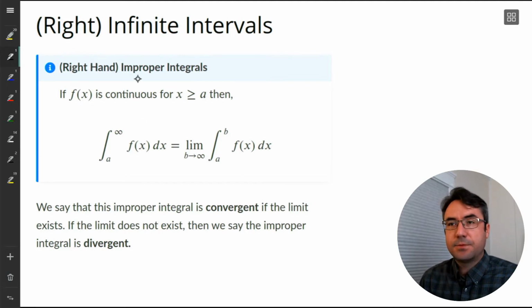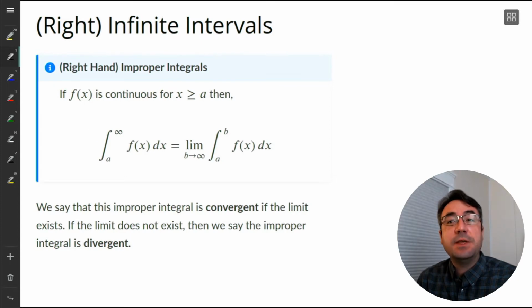And it's going to start with our first definition. And I like to call these right-hand improper integrals. So let's read through the definition, and then we'll talk about the interval that we're actually dealing with here. So if f is continuous for x greater than or equal to a, then we're going to define this new type of integral. This is an improper integral.